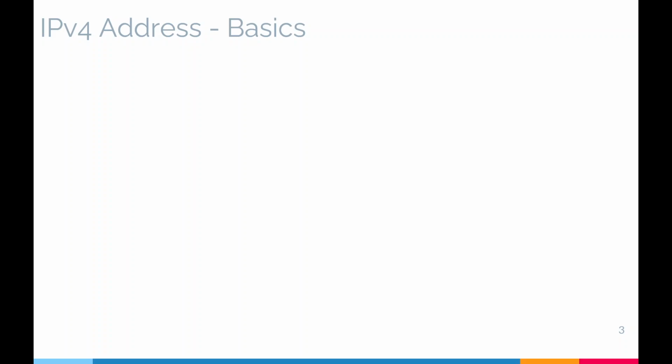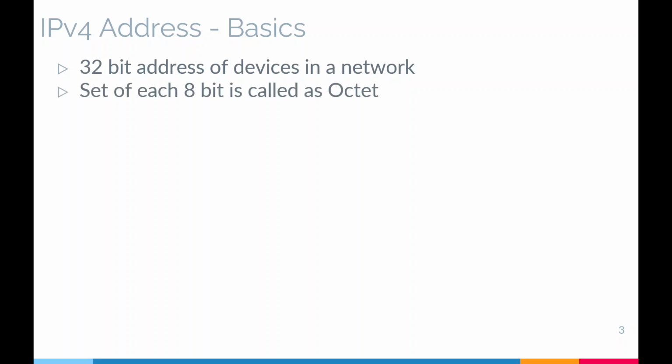An IPv4 address is always 32 bits long, divided into 4 sets of 8 bits. Each 8-bit set is called an octet. Let's understand that with the help of an example.